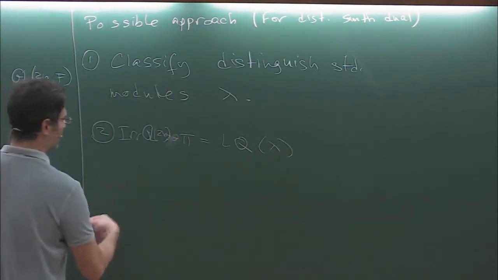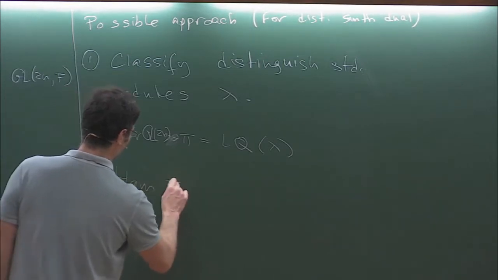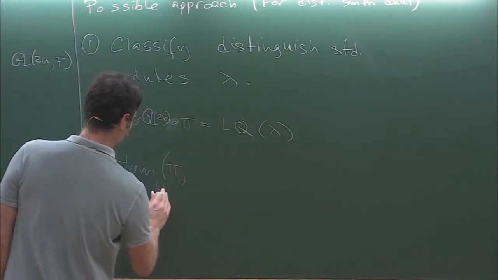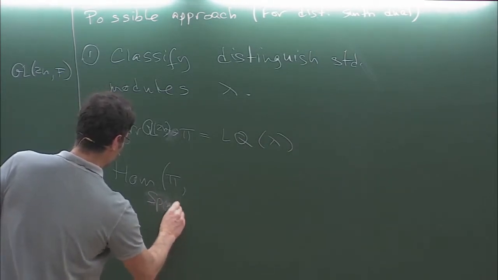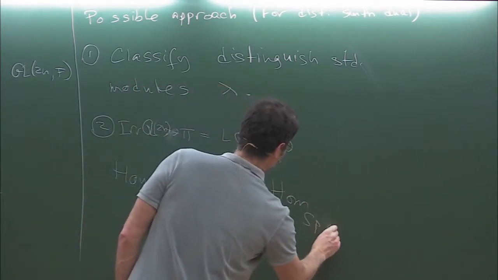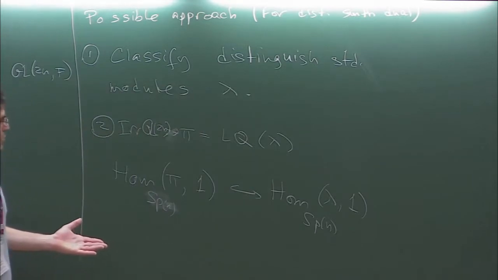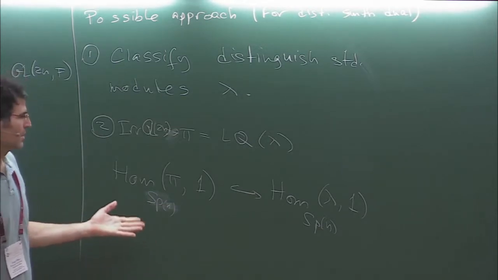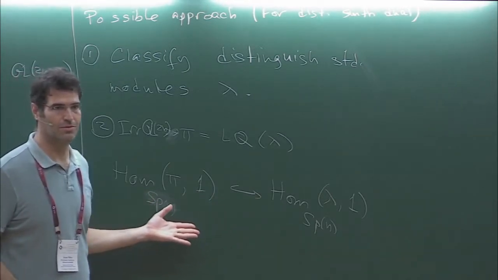And then the projection of lambda to pi defines an embedding of spaces of invariant linear forms, which means in particular that distinction of the standard module is a necessary condition for distinction of pi, but then it is a much more delicate question to find the image of this embedding, and to find whether it's actually 0 or not.